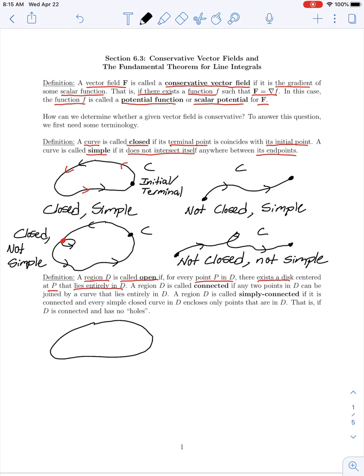Let's call this region D. So for any point P that I choose within this set D, let's call that point P, looks similar to my D.